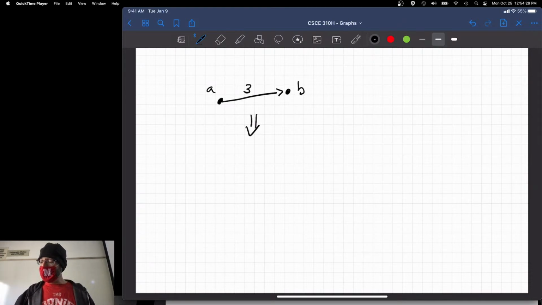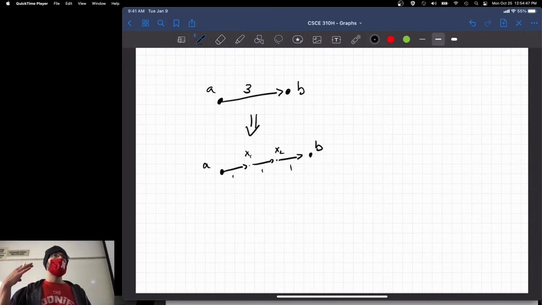All I need to do is expand that out into 1, 2, 3 edges. Call this A, B, and call this, I don't know, x1, x2. And now, each one of these has an implicit weight of 1. And what I've done is I've transformed a weighted directed graph into an unweighted directed graph.